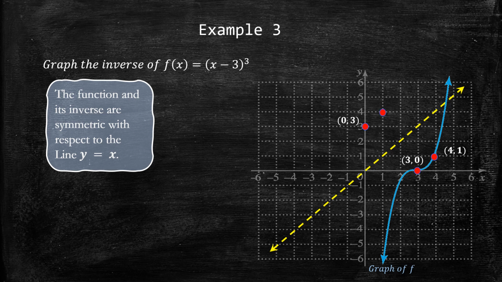Switch the coordinates, it becomes 1, 4. Another point, 2, -1. Switch the coordinates, it becomes -1, 2. Now draw the inverse. This is the graph of the inverse. Keep in mind, the graph of the inverse and the function are symmetric with respect to y equals x.